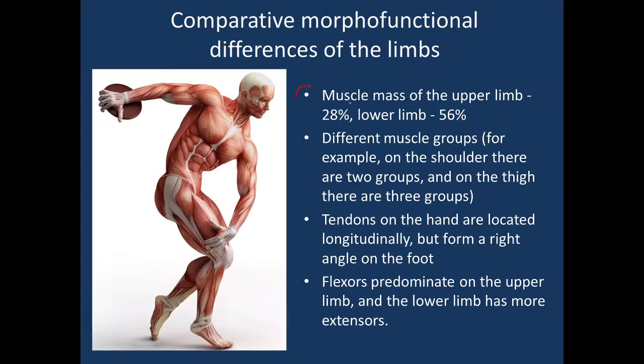First of all, upper limb has less muscle mass than lower limb. It is twice lower. I mean, upper limb is quite lower than the lower limb.